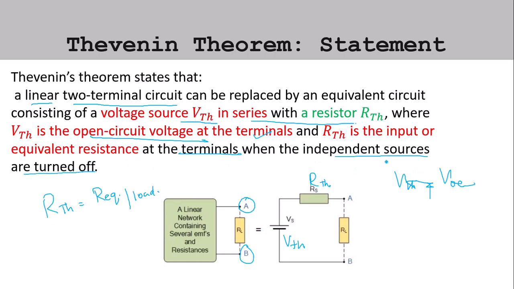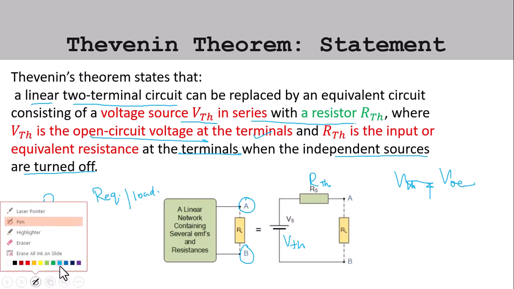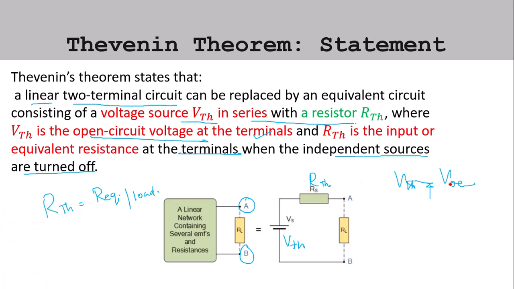Now in the previous classes we had a discussion regarding independent sources and dependent sources. I told you there, as far as the independent sources are concerned, they are of two types, right? What are those two types? It can be an independent voltage source, or it can be an independent current source. So they must be turned off.